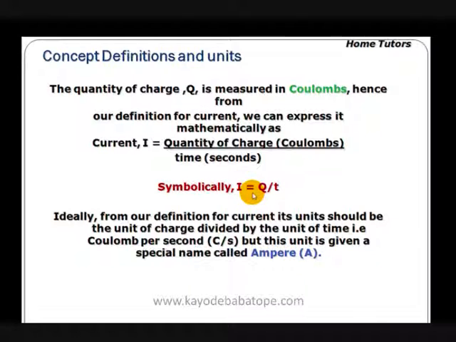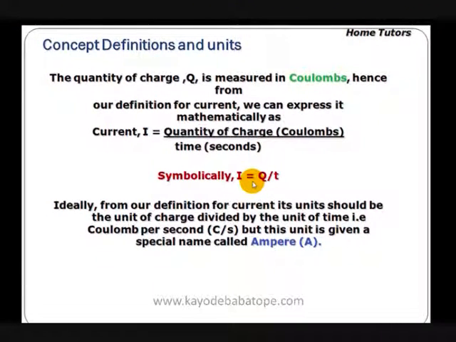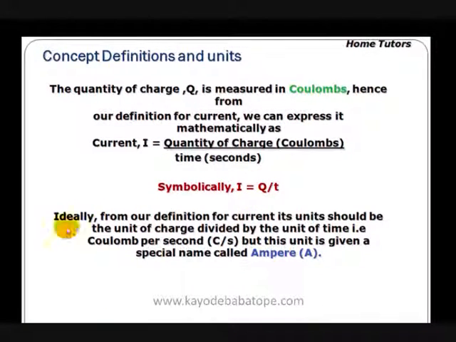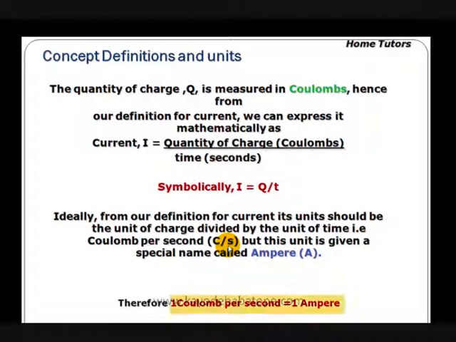Therefore, from that definition, you can take note, especially for objective questions, that the ampere is equivalent to the coulomb per second. So another acceptable unit of current is the coulomb per second. Therefore, 1 coulomb per second is equal to 1 ampere.